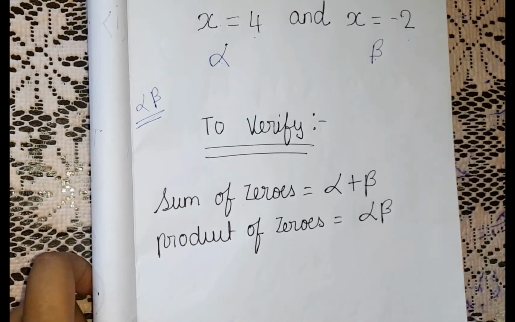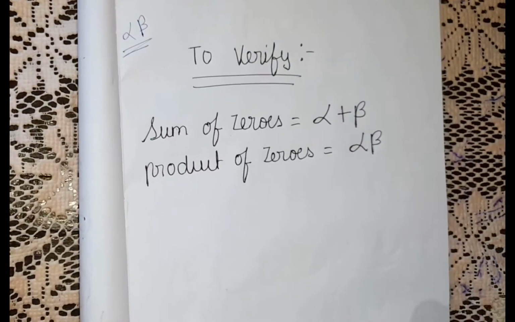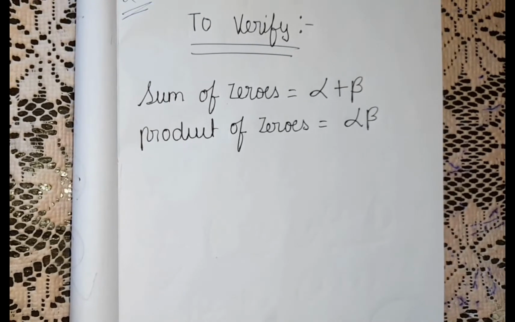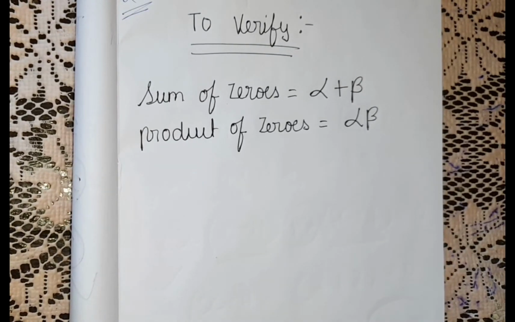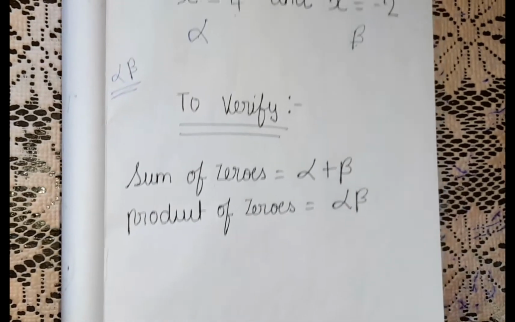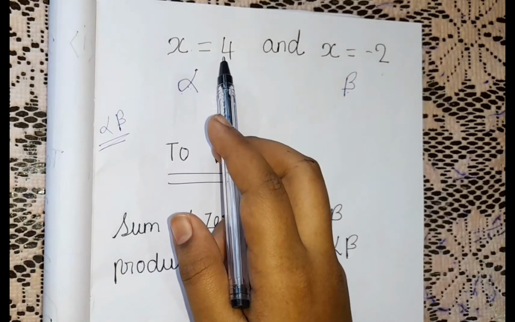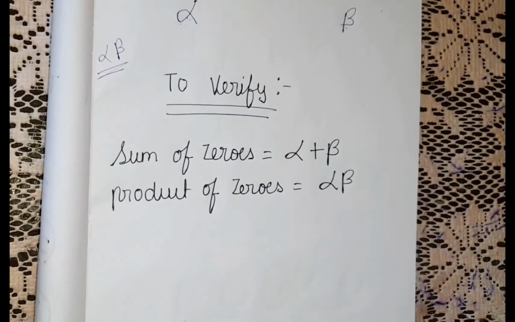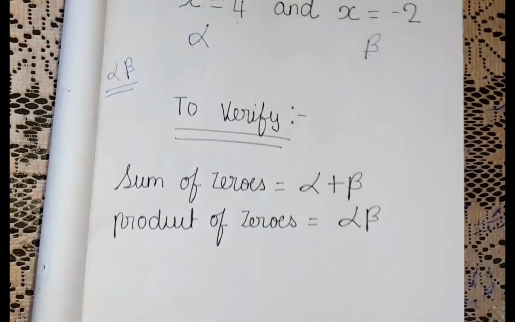Okay, so this is the formula. I hope you guys studied this. In this formula we are going to put the values. Why? Because here alpha is 4 and beta's value is minus 2. Okay, so now let's write.